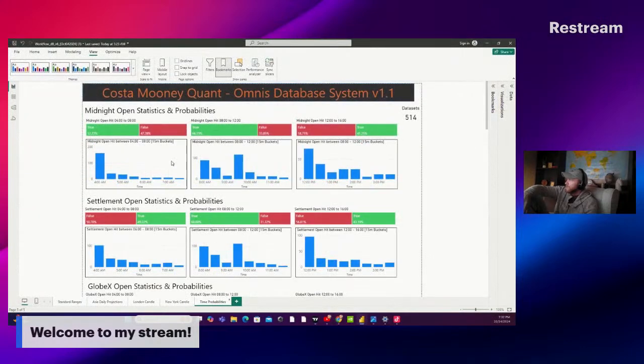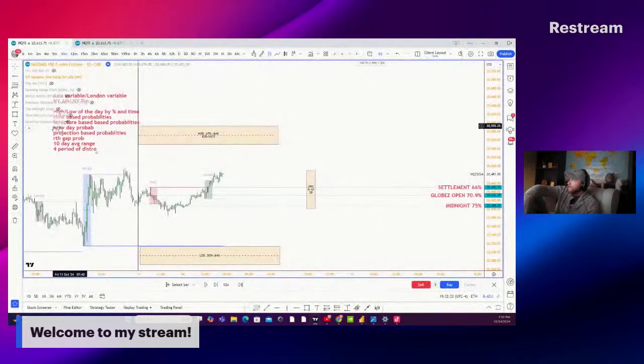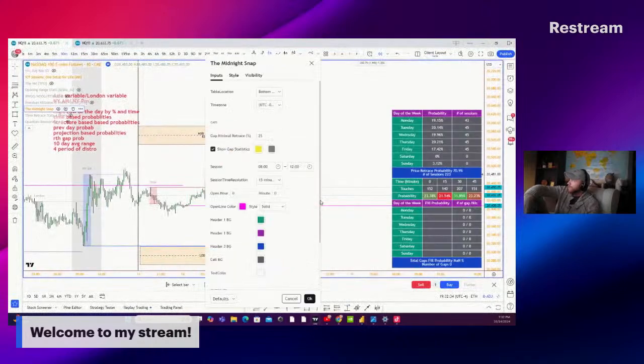And these probabilities will be based off of what Asia and London have done so far. So remember, the first step was to put in what Asia's done, what London's done, put the high of day, low of day probabilities, then time probabilities. Well, this is including the variables right now. So we see that midnight between 8 and 12 has 66, settlement has a 68, and Globex has a 69. Versus if I just use all data and I don't put that live price variable in, set on midnight, we can see that it has a 70%.